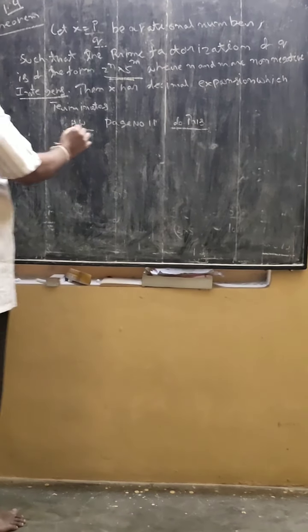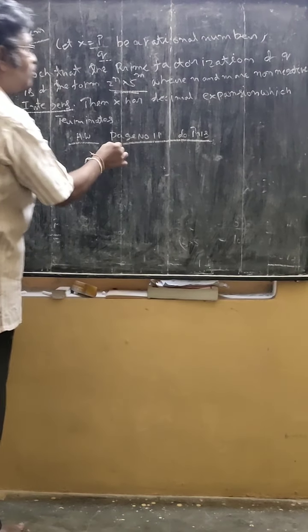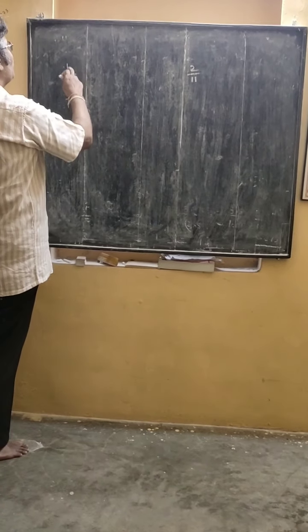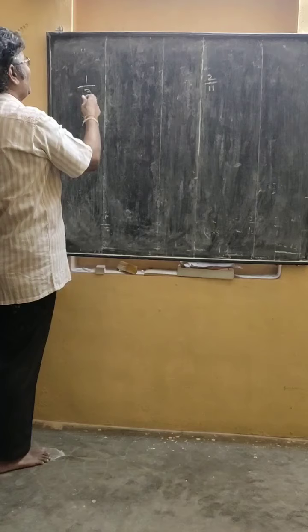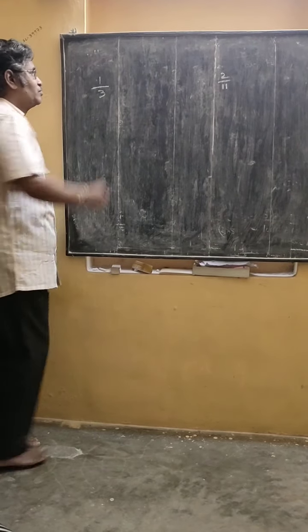Now according to this theorem, for homework, page number 11, you do these problems. Two more fractions are given, 1 by 3 and 2 by 11.